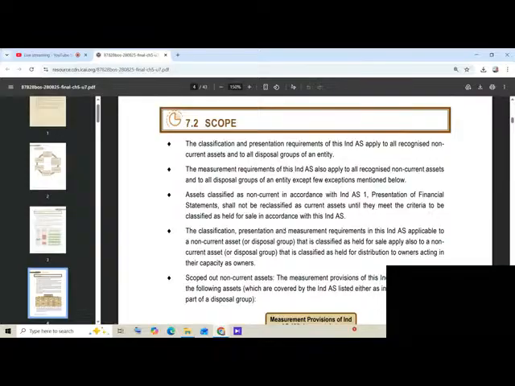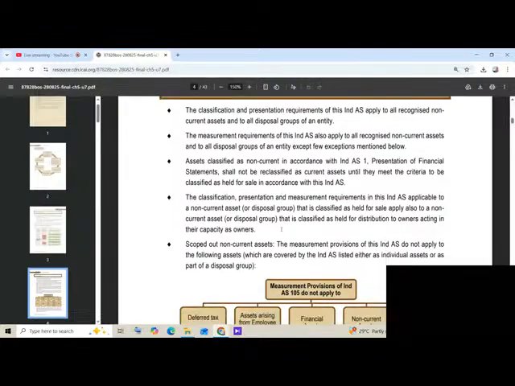Scope of the standard. The classification and presentation requirements of this Ind AS apply to all recognized non-current assets and to all disposal groups of an entity. The measurement requirements of this Ind AS also apply to all recognized non-current assets and to all disposal groups of an entity, except few exceptions mentioned below.